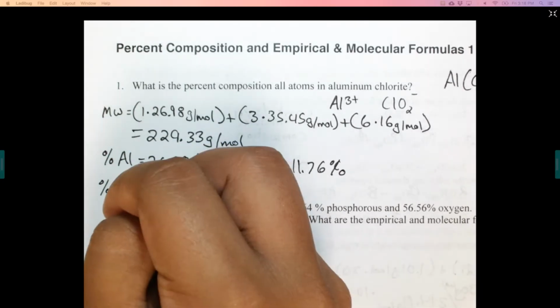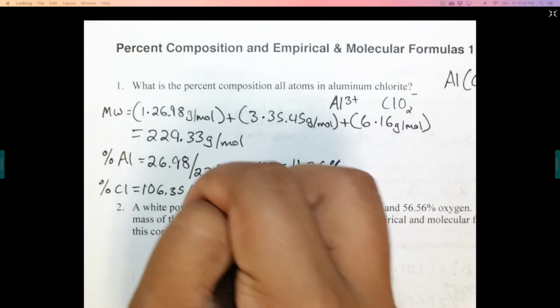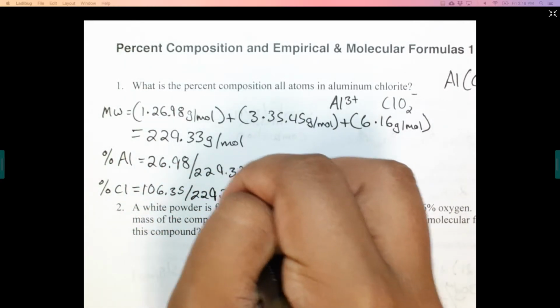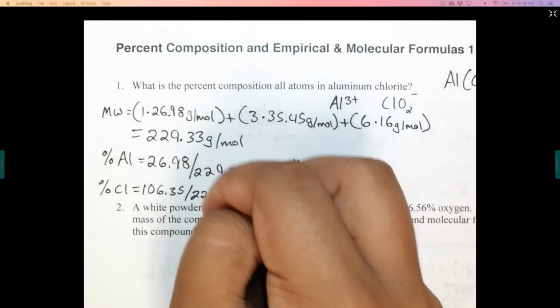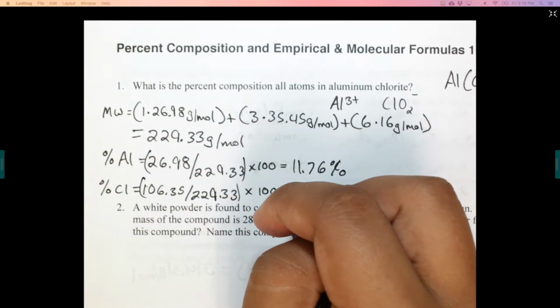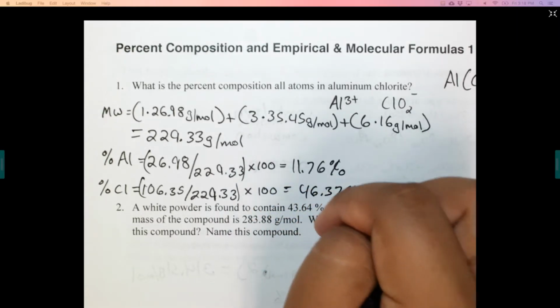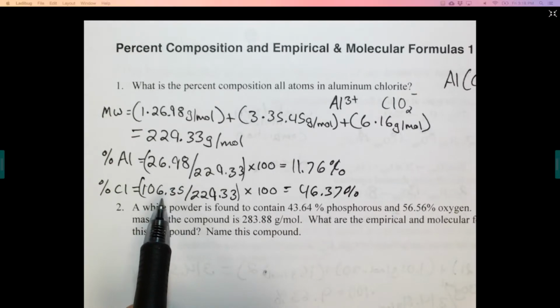Chlorine is equal to 106.35 over 229.33, and that's all times 100. And again, you can put your parentheses here so you don't forget, and that's going to be equal to 46.37%.